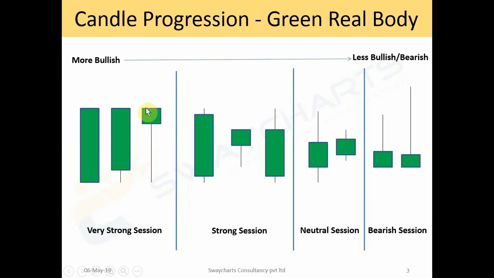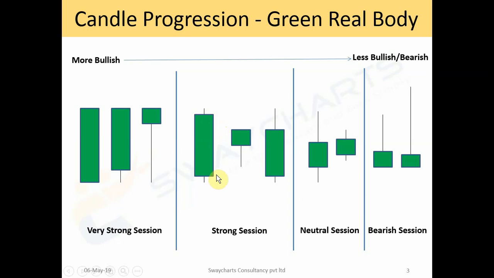So they outsmarted the bears, recaptured their territory, and brought it back to where it was. That is why this particular candle is also a very strong bullish session for the bulls, right? So these first three candles are very strong sessions in the market for the bulls.